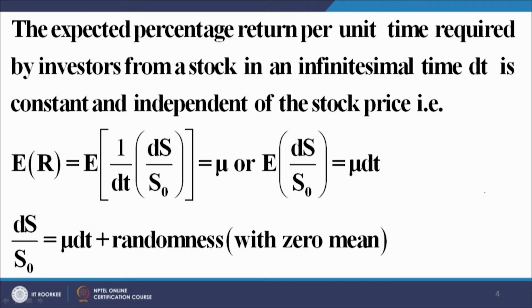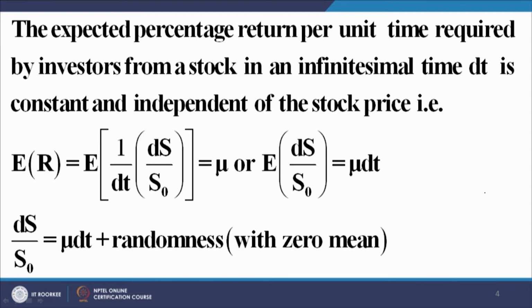So, let us now introduce the math consistent with the above two quantitative postulates. The first postulate: the expected percentage return per unit time required by investors from a stock over an infinitesimal time dt is constant, independent of the stock price.